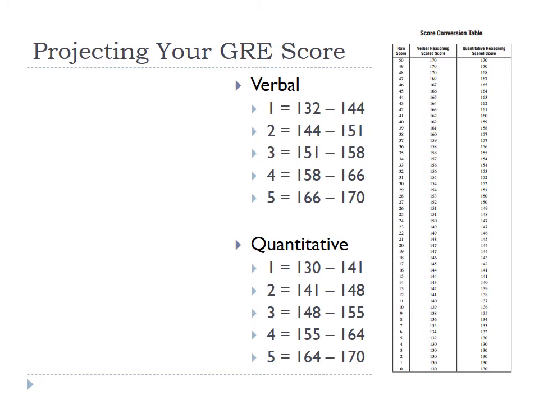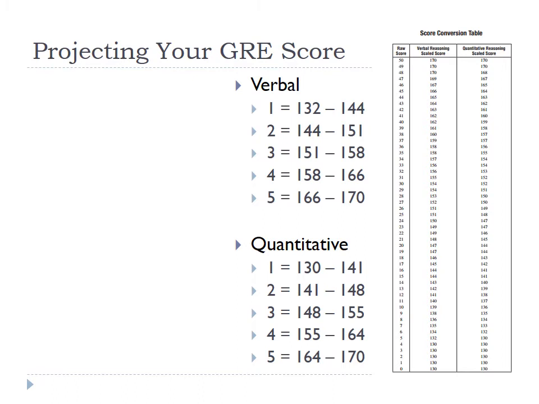The GRE Power Prep software that you've either done or will be taking is going to be a more reliable estimate of your GRE scores right now. But these are how we would project your GRE score. One thing I'd like to point out, a score of 154 is really good.